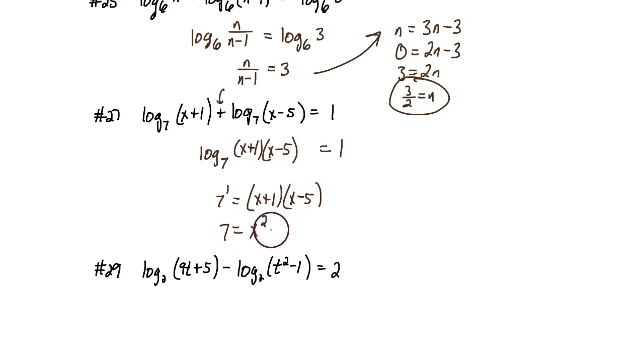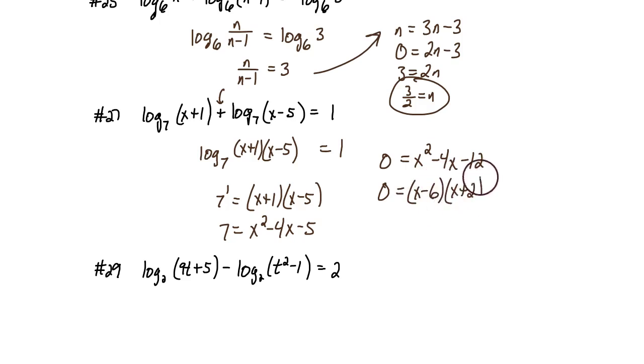X squared minus 4x minus 5. Then subtract 7 to get a 0 on the left. Now factor the expression. We can see that x is equal to 6 or negative 2.